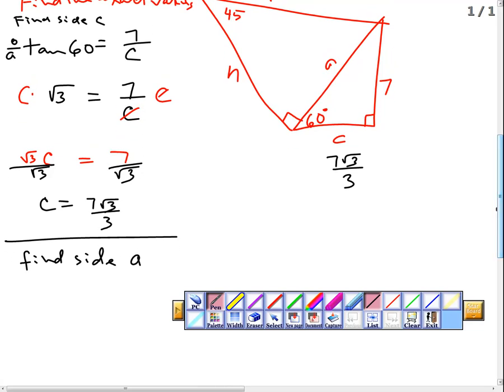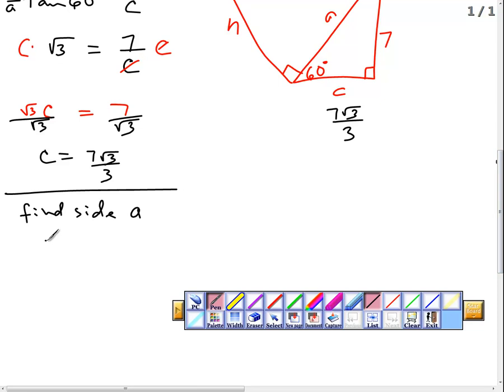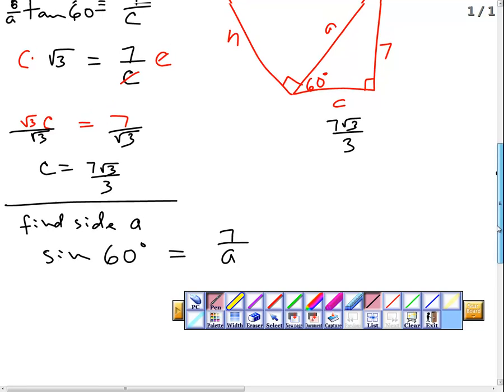Well, you have an opposite side, and what else do you have? What is A in this triangle? Travis? The hypotenuse. So which trig ratio could you use, opposite over hypotenuse? Sine, right. So this would be sine 60 degrees equals opposite, which is 7, over hypotenuse, which is A.